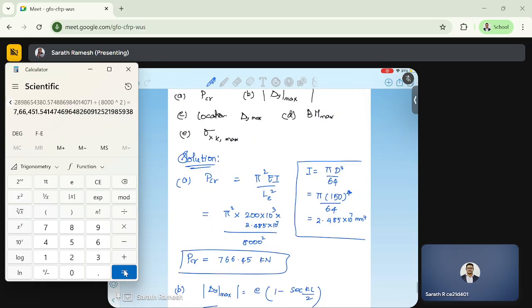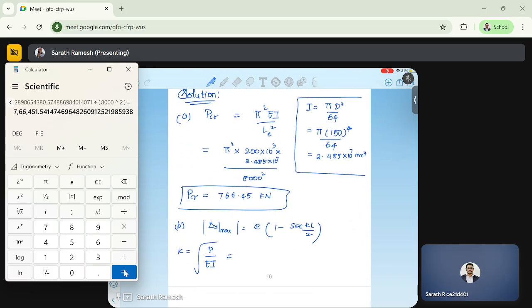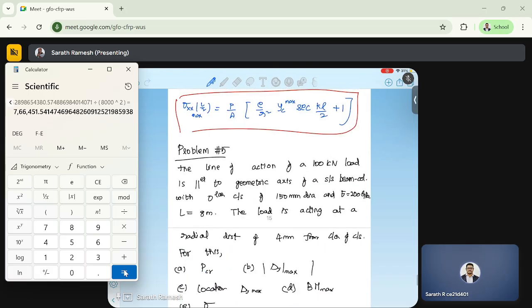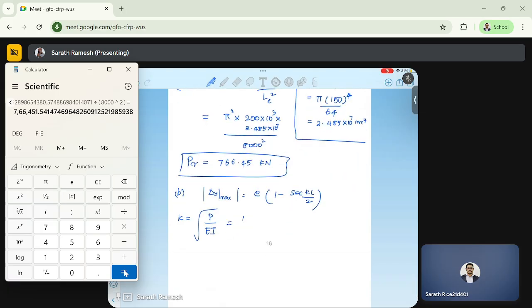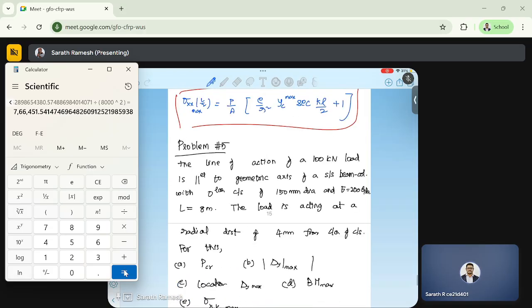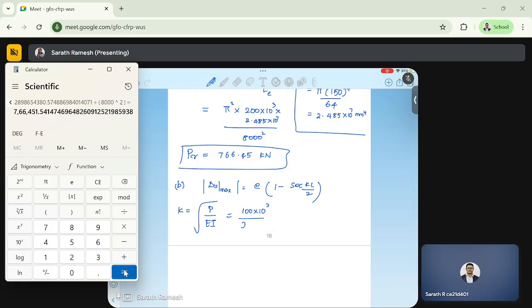P is 100 kilonewton, so 100 into 10 power 3 by EI, 200 into 10 power 3 into I, which is 2.485 into 10 power 7, square root of.